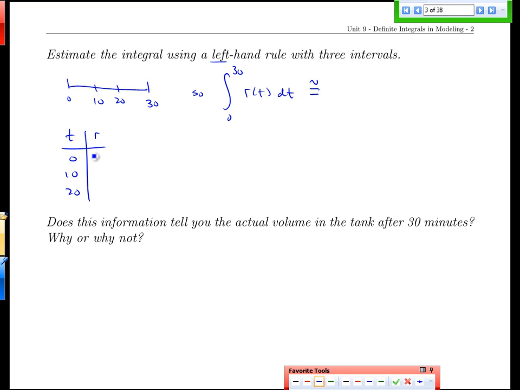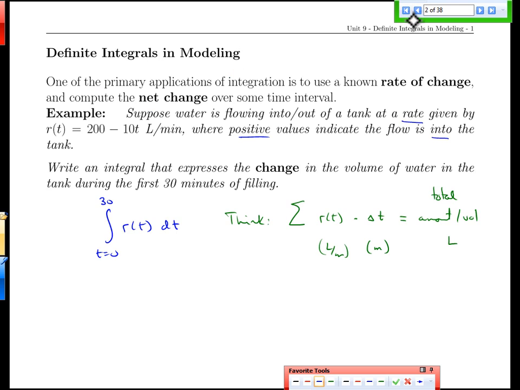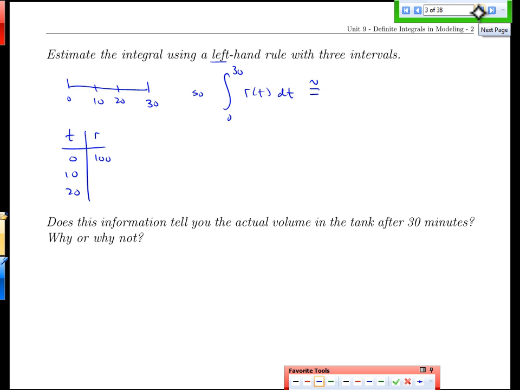And our rate will be 200 minus 10t. So 200, 200 minus 10 times 10 is 100, 200 minus 20 times 10 is going to be 0. Okay. Each of these time intervals is, of course, 10 minutes, and the units for the rate were in liters per minute.